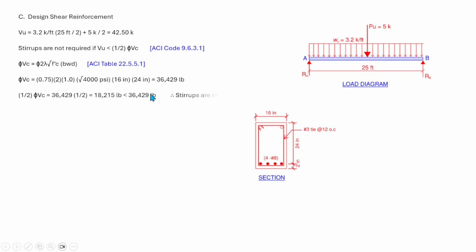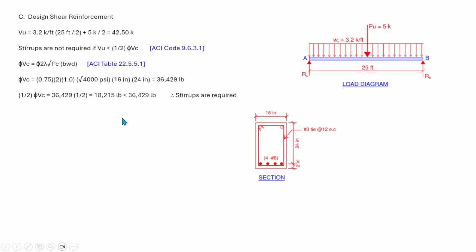So half of that value, 36,429 divided by 2, would give us 18,215 pounds, which is less than 36,429 pounds. So therefore, stirrups are required.